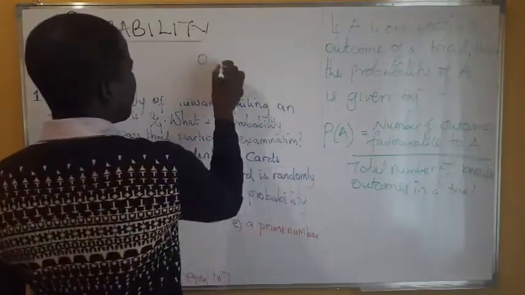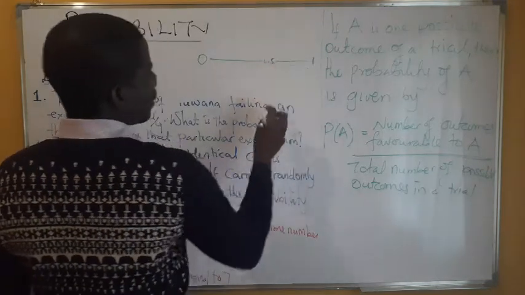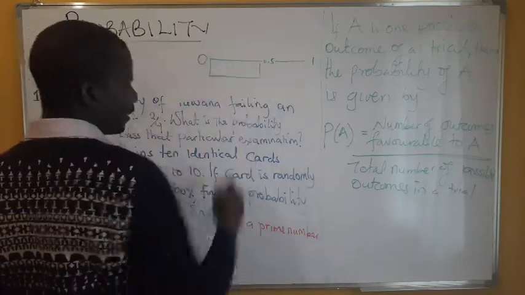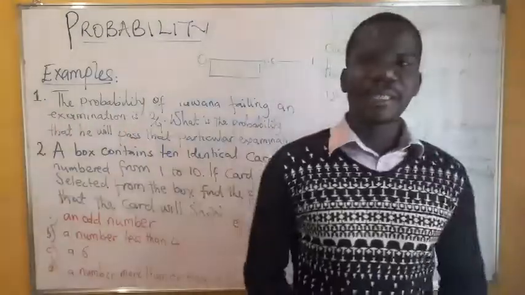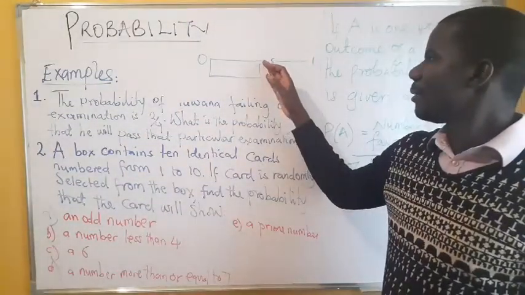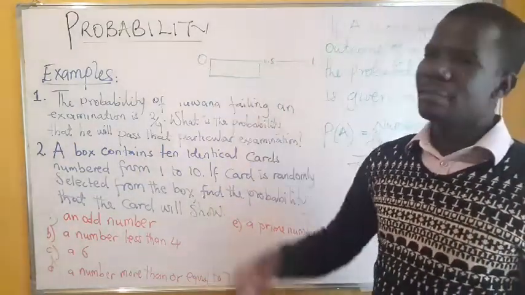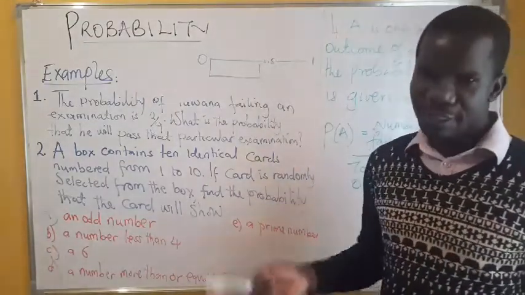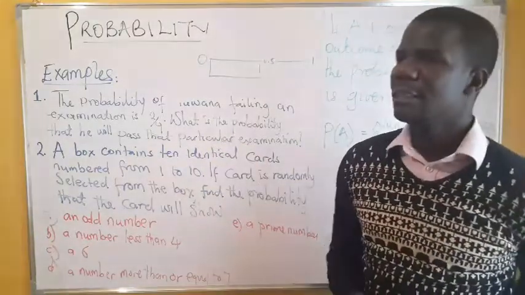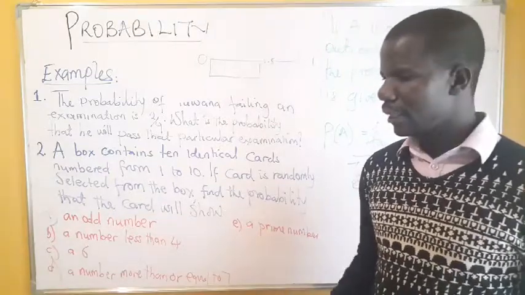So all those events that are between 0 and 0.5 are less likely to happen, but those from half up to 1 are more likely to happen. 0 itself is an impossible case. 1 is a definite case. So that is what we are supposed to understand. The probability is the likelihood of something happening.